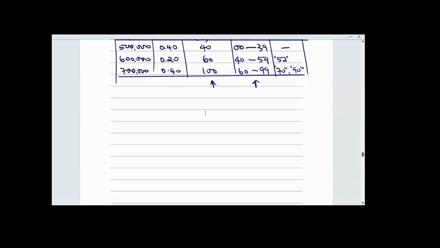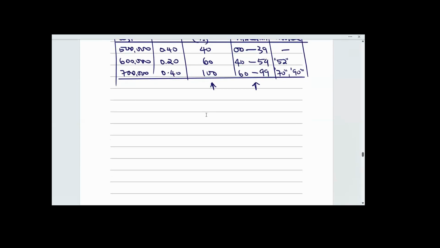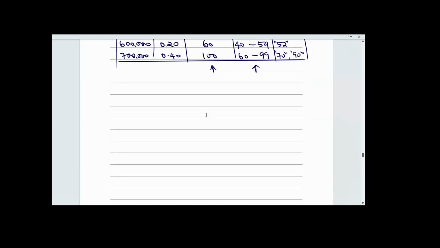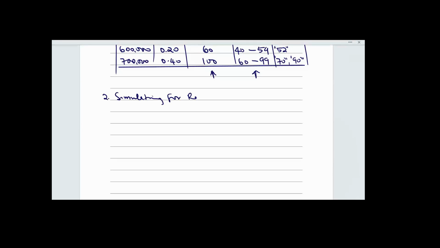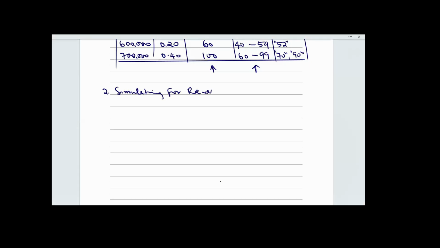You do the same thing for revenue. Simulating for revenue. Is it revenue or savings? Let me confirm. Revenue, okay. Simulating for revenue.